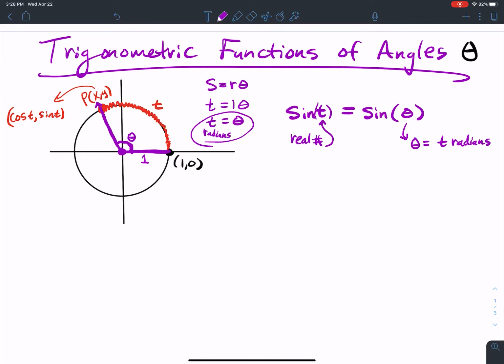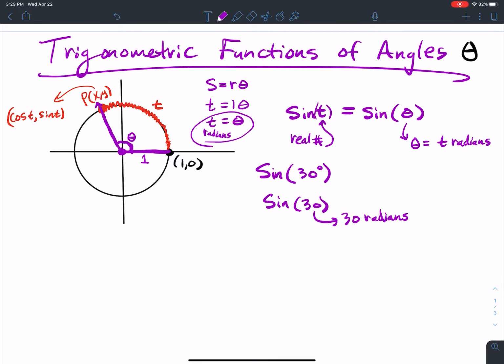One thing I do want to note: if an angle is measured in degrees, they're going to give you a degree symbol in this textbook. They're going to say sine of 30 degrees. But if they said sine of 30 and that's it, this is 30 radians.